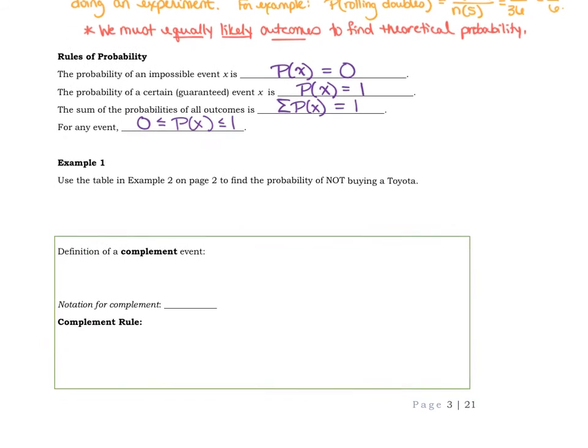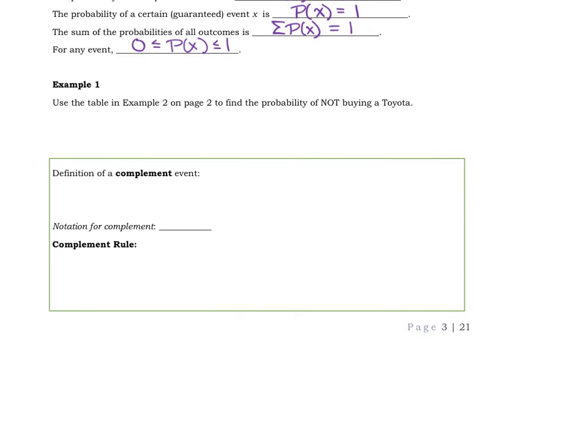All right, so use the table in example 2 on page 2, just flip back 1 page in your notes, to calculate the probability of not buying a Toyota. If you look back, the probability of buying a Toyota was 0.088. So what's the probability of not buying a Toyota?